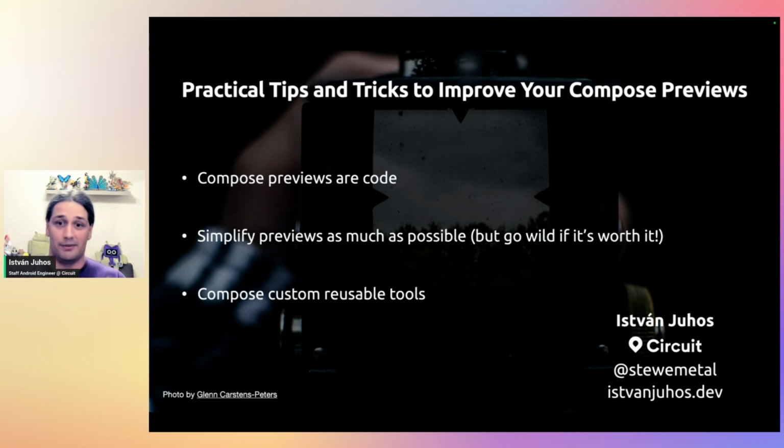And of course, to make your life easier, you can create custom reusable tools to improve your Compose previews. And if you only use those tools in previews and you don't use your preview functions anywhere else, just for the preview tooling itself, then R8 will get those call chains out of your release code base anyway. With that, thank you very much.